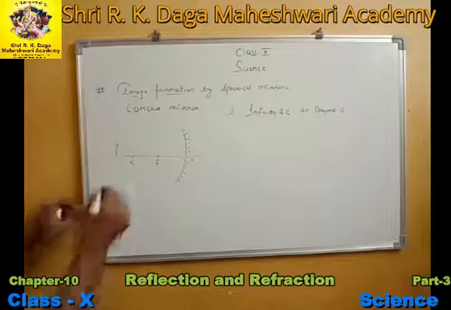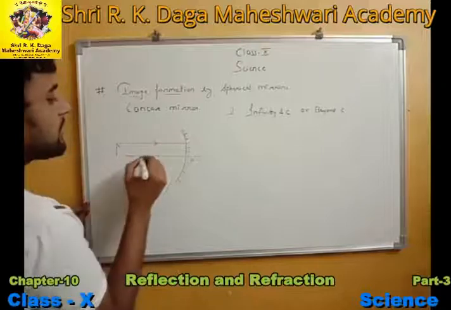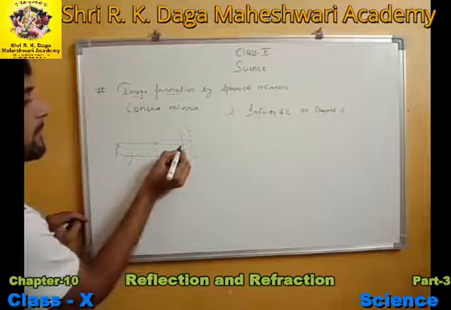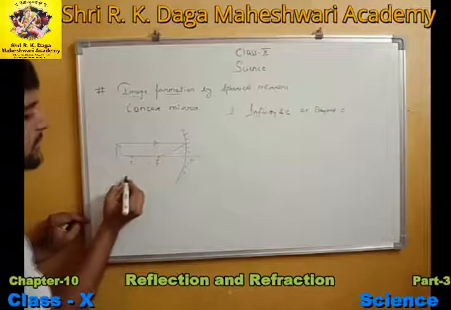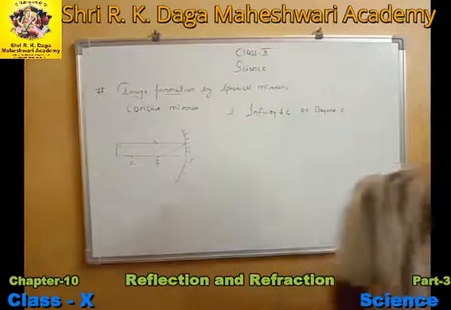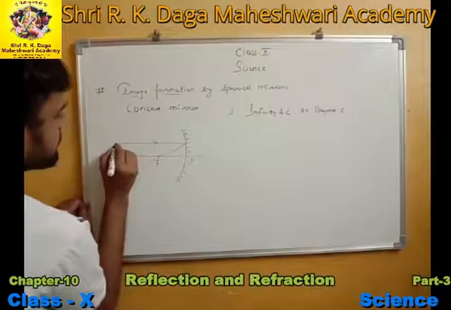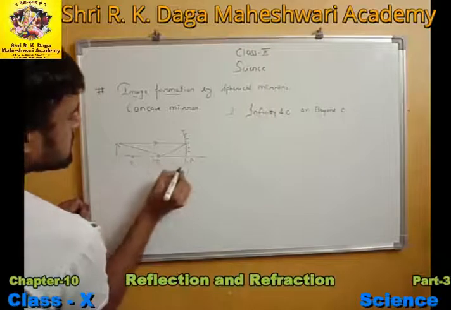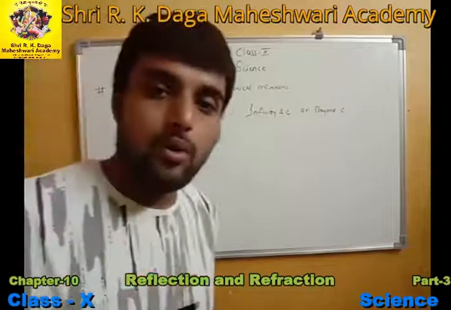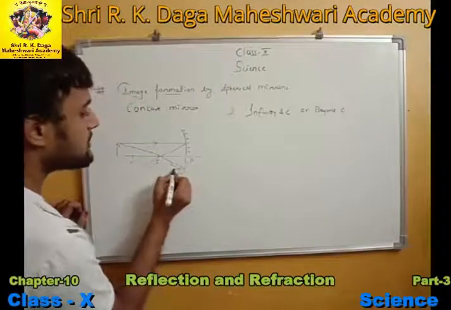Okay, so a ray will be incident parallel to the principal axis. After reflection, this ray will pass through the focus, right? Now, let another ray be incident through the focus, and we know that the ray which is incident through the focus will, after reflection, pass parallel to the principal axis.